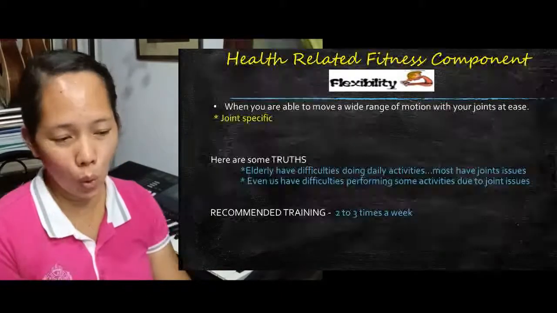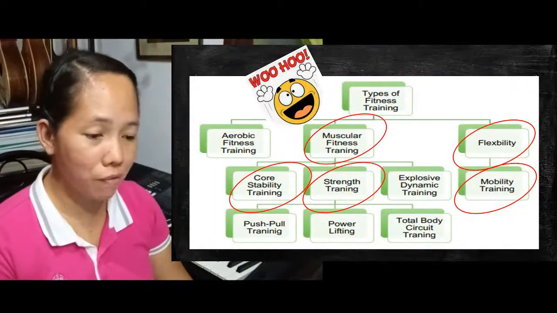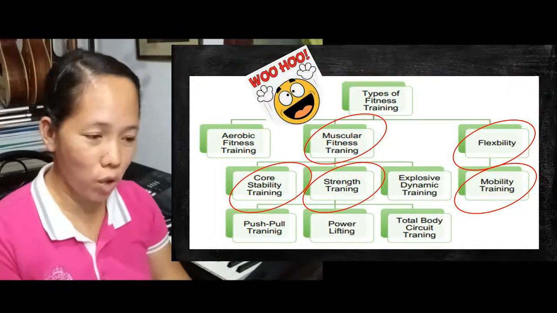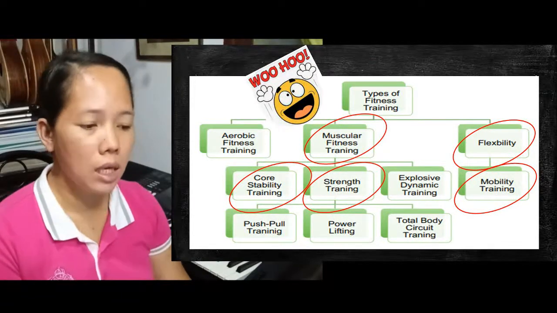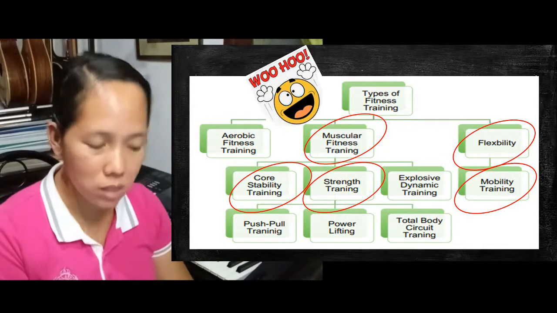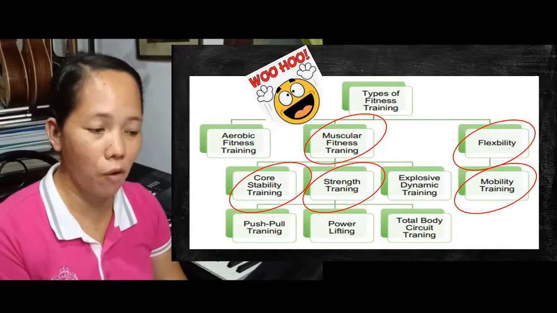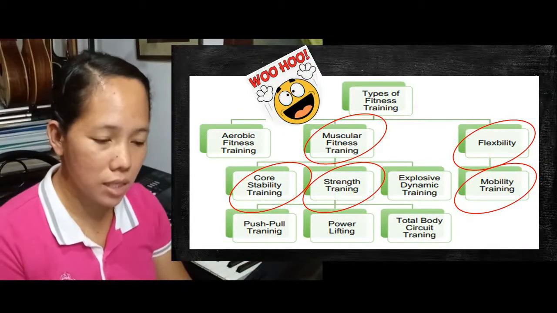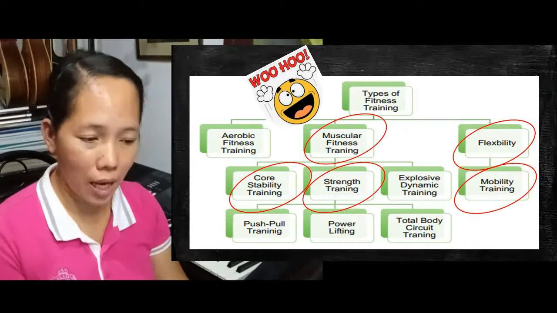Okay, so woohoo! We are now finally looking at the types of fitness training chart, under which we have 3 types of training. We have aerobic fitness training, muscular fitness training, and flexibility training. But for the sake of our lesson, we will just be focusing on the trainings that I marked.